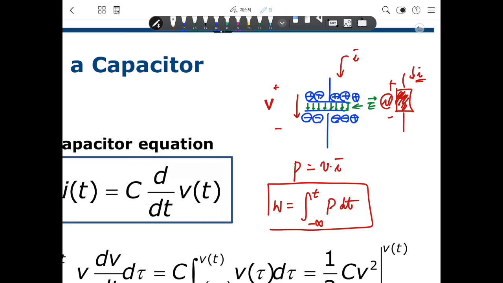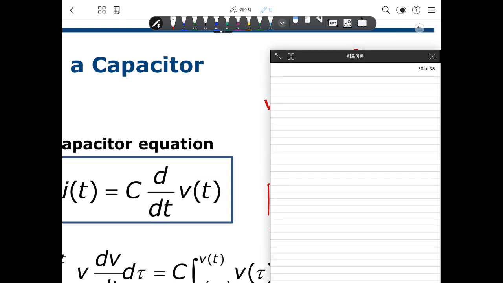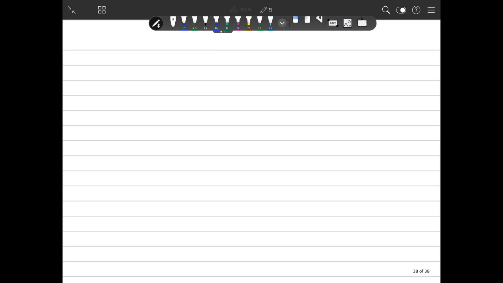But p is vi. So this is the capacitor, this is the voltage, this is the current.